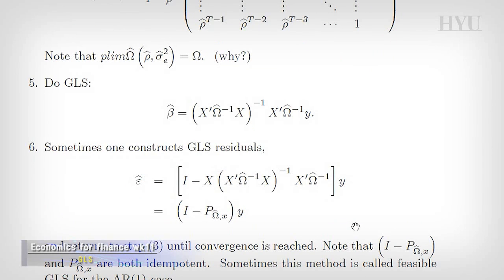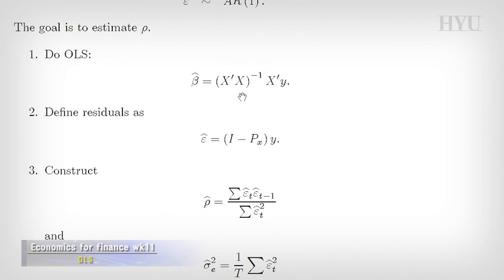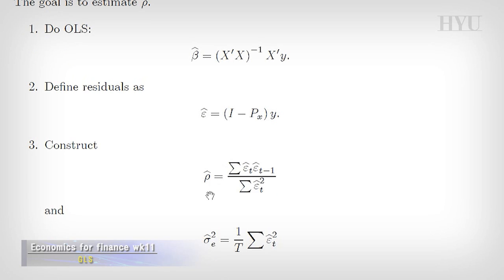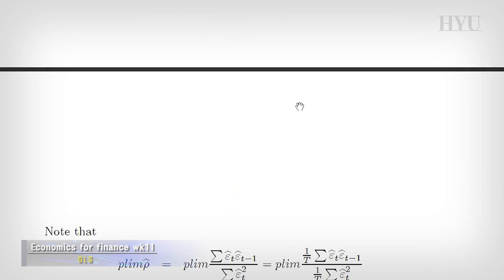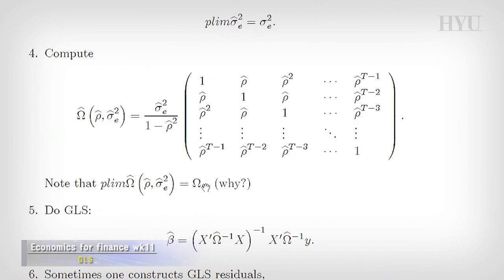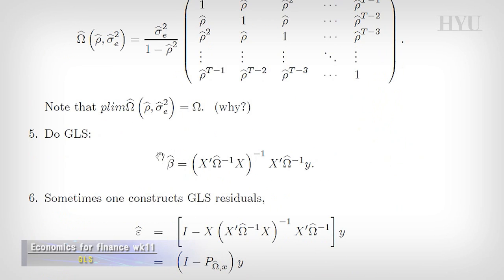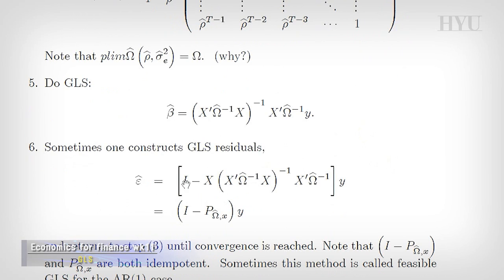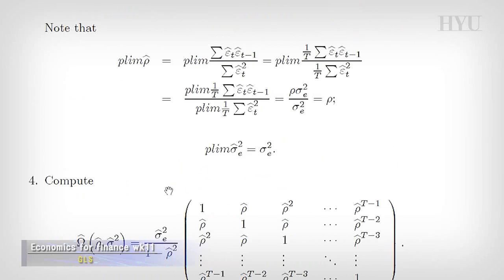Anyway, you can do GLS. Some people do just one regression. In this case, we do the OLS, and from the OLS we collect the errors, and from the errors we calculate this and this, and we can compute this one. But some people go one step further. We know the GLS estimator, and from this GLS estimator, we can collect the error term again.